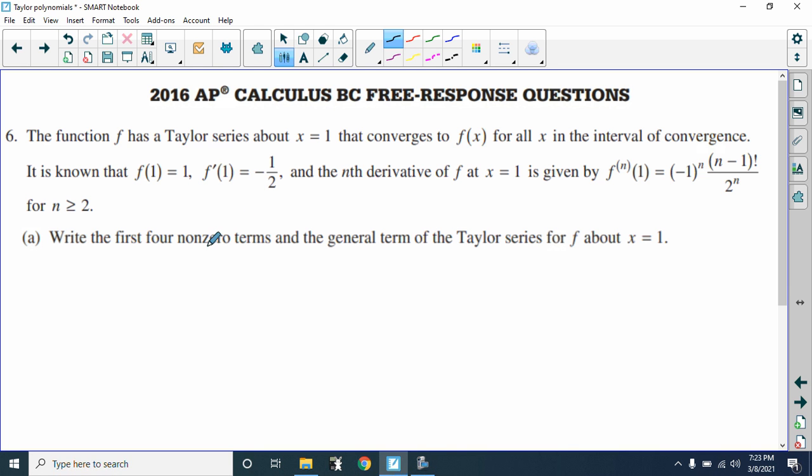Part A wants us to write the first 4 non-zero terms and the general term for the Taylor series for f.